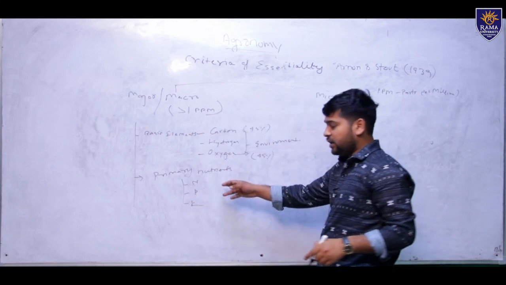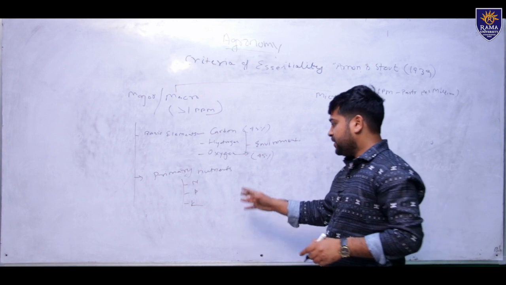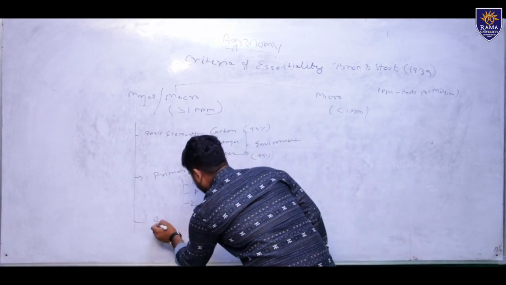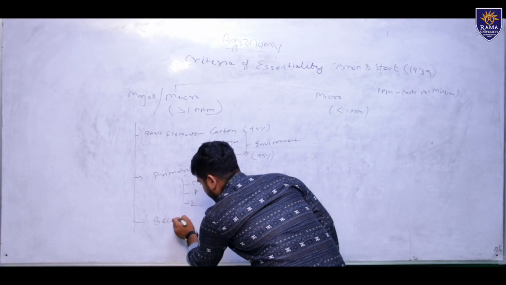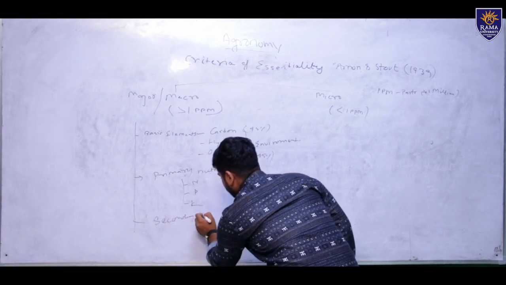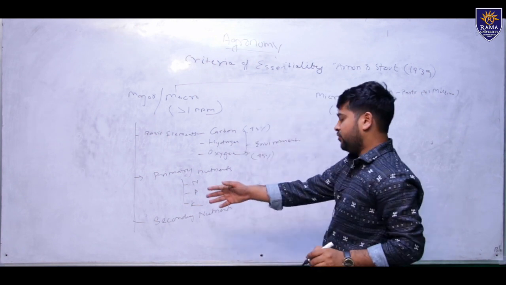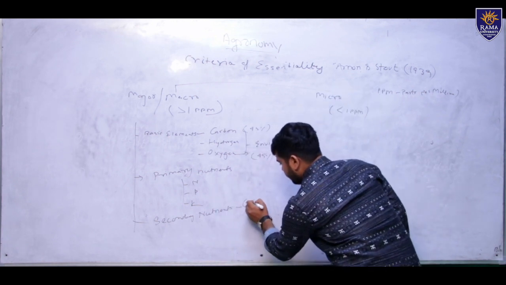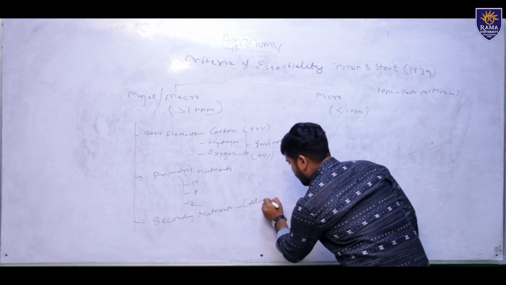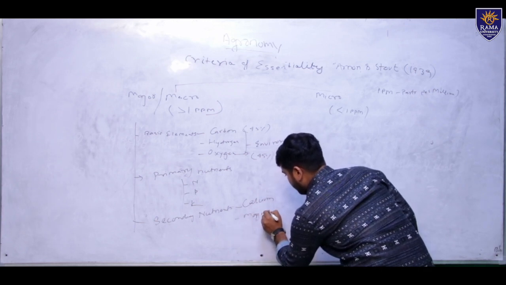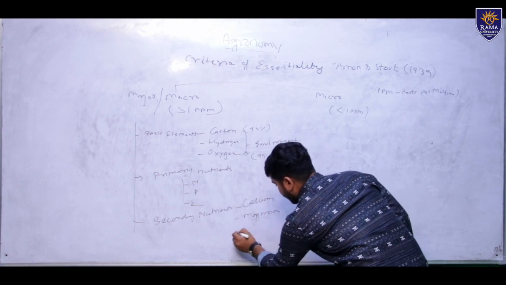We will discuss later what the functions of NPK are. Then secondary nutrients. What are the secondary nutrients? Calcium, magnesium and sulfur.